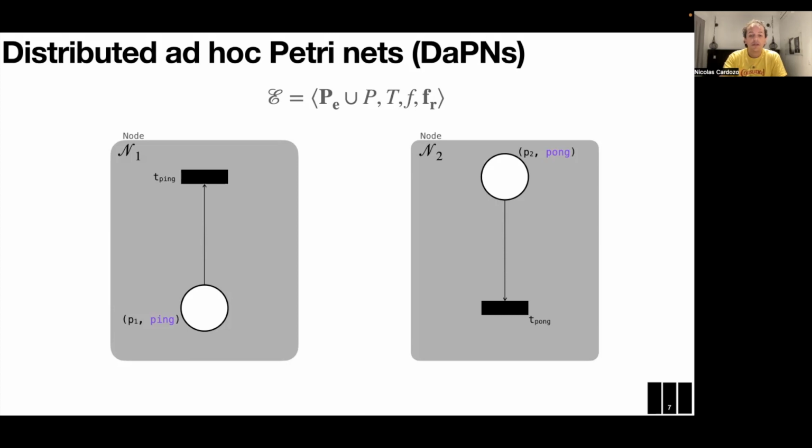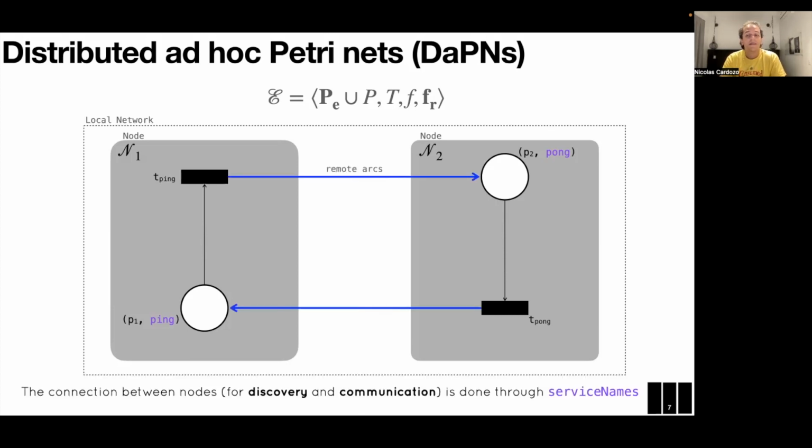Whenever these nodes join the same local network, the remote arcs are created between the nodes, shown here in blue. These remote arcs join one transition, defining the transition ID and a service name, with a remote interface, which is defined by a place with its ID and presenting the same service name as the transition.